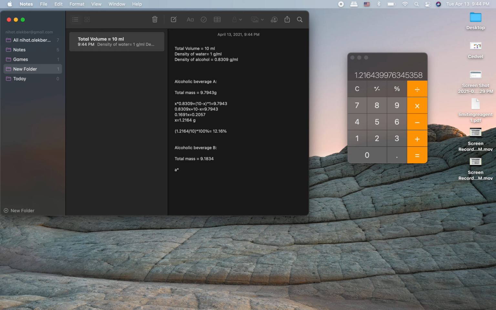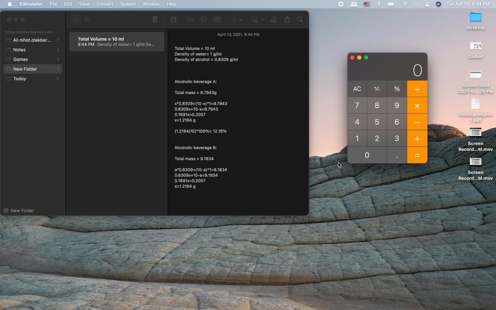Let's call the volume of alcohol A. A multiplied by the density of alcohol, 0.8301, plus 10 minus A equals 9.1834, and we will get 10 minus 9.1834 equals 0.8166, divided by 0.1699.